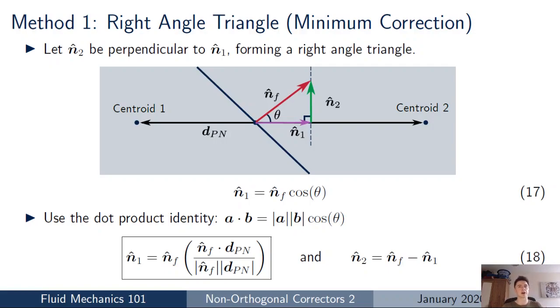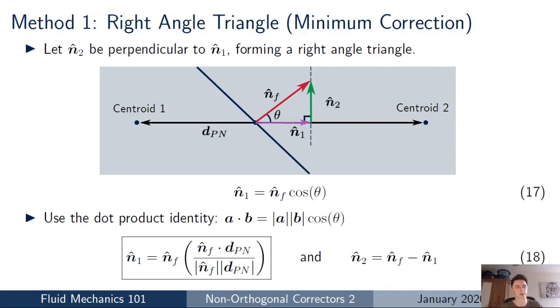So if you think about what will typically happen in a CFD code, you create your mesh and then you pass the mesh from your mesh generator into the CFD code. The CFD code will look at all of the unit normal vectors and decompose those into n1 and n2. This is an expression for n1, which the CFD code will calculate because it knows what dpn is, it knows where the centroids are, and it also knows the unit normal vector, nf.